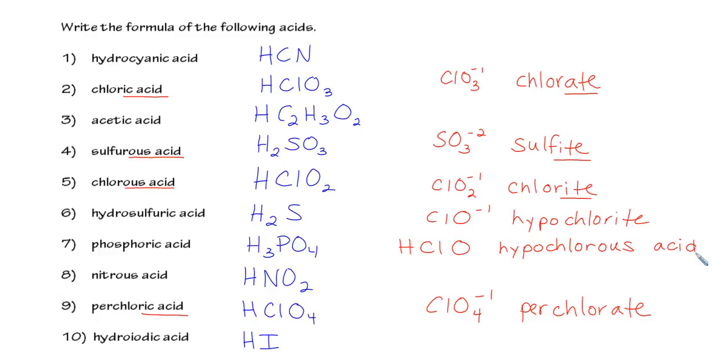So we're mainly looking at the ending. If the ending of the polyatomic was ATE, the acid form will be IC. If it was an ITE polyatomic, the acid will turn to OUS acid. So again, pause this as needed so you can check them over if you were using these as practice or a little practice quiz.